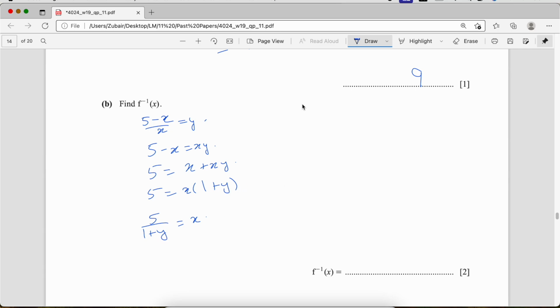Now we can replace, we were using f of x is equal to y. Therefore, f inverse of y is equal to x. So I can write f inverse x is equal to 5 over 1 plus x.